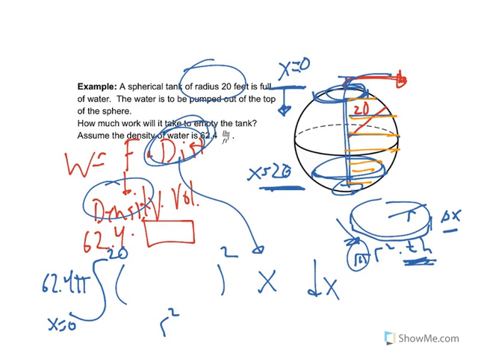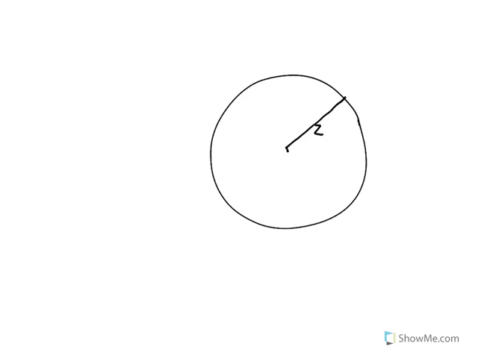It's not. If you have the radius constant, you're actually just doing a cylinder. That's what a constant radius would look like the whole way down. And this is not a cylinder. So we need to think about a relationship. Let's go here and just think about a circle for a second. If I just look at this cross-section, I know the radius of this sphere is 20, and we said that we're going to start x at the top and move down.